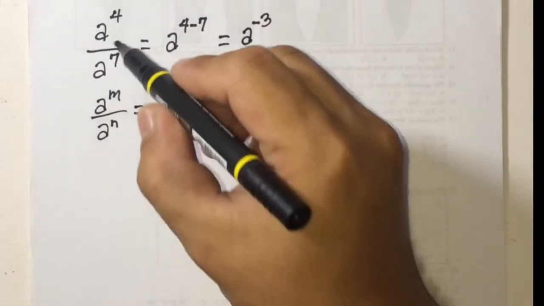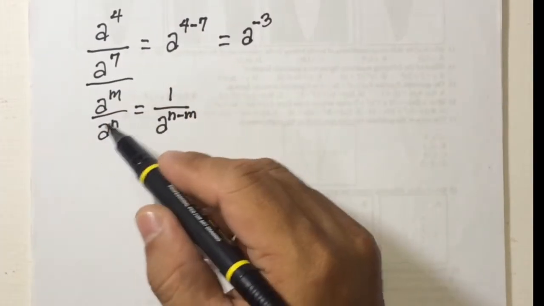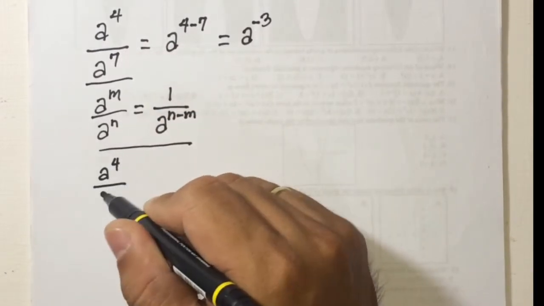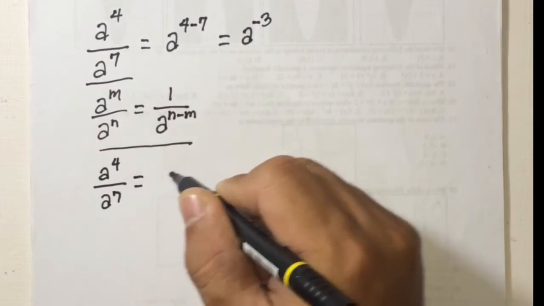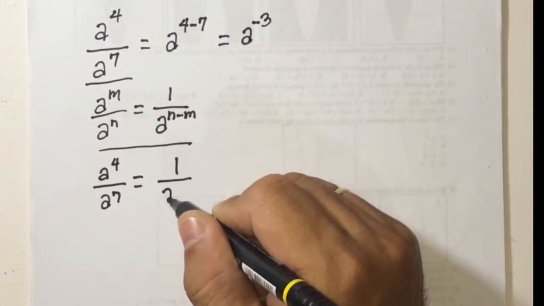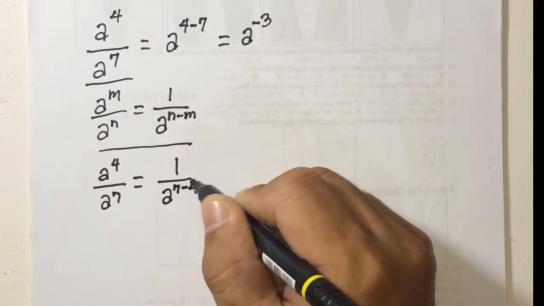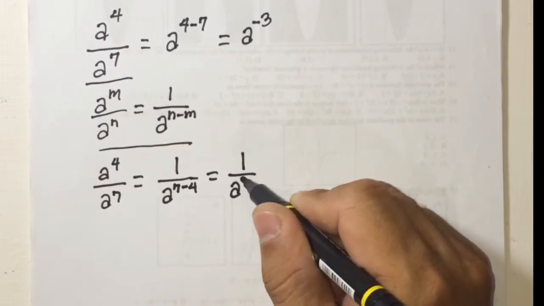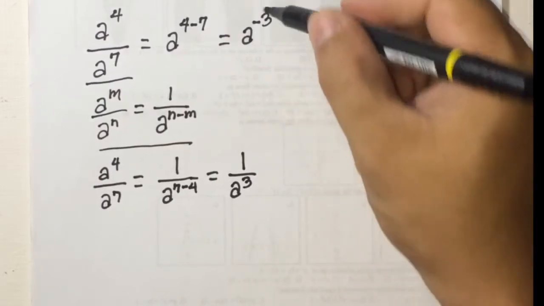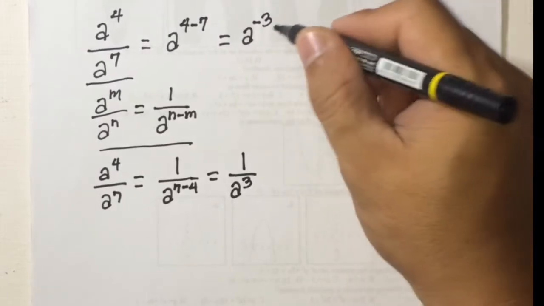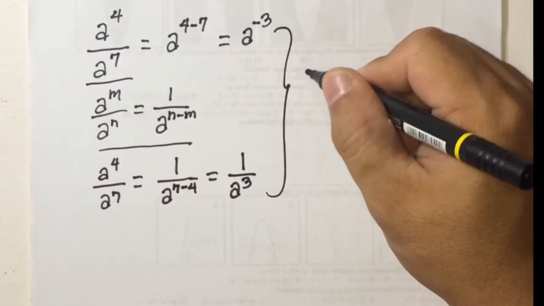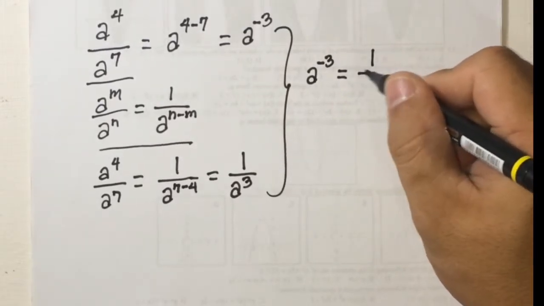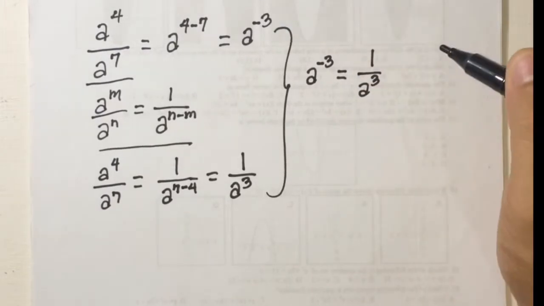Now if we're going to answer this one using this case here, we can have a to the power of 4 over a to the power of 7. This will be equivalent to 1 over a to the power of 7 minus 4. And this is equivalent to 1 over a to the power of 3. Since these two are equal, so we can say that a to the power of negative 3 is equivalent to 1 over a cubed.